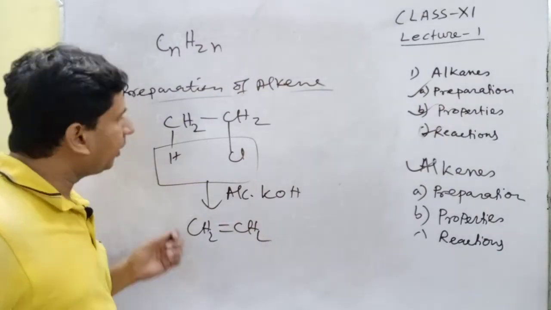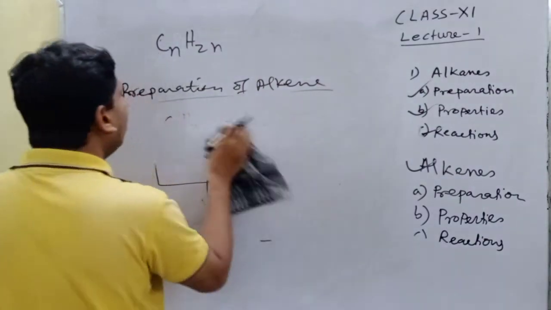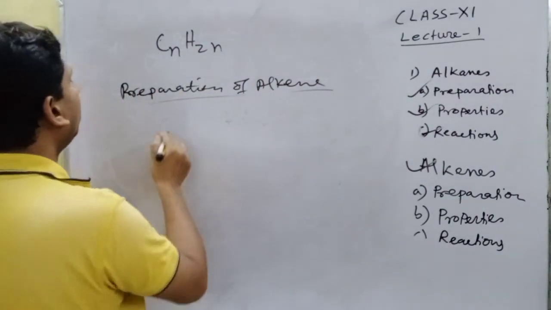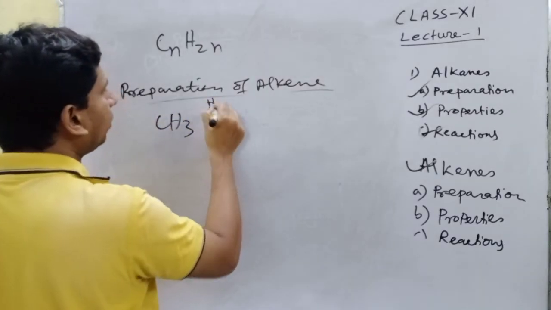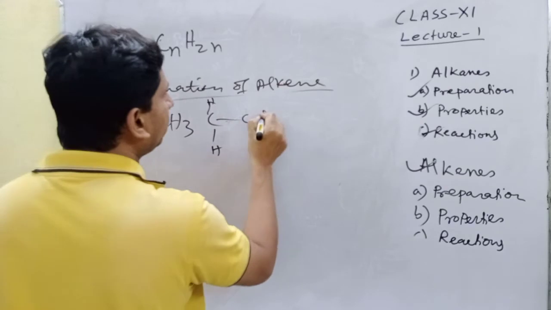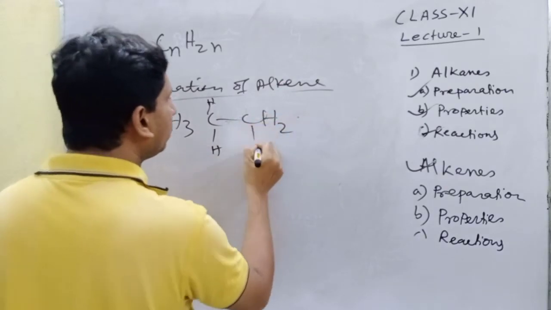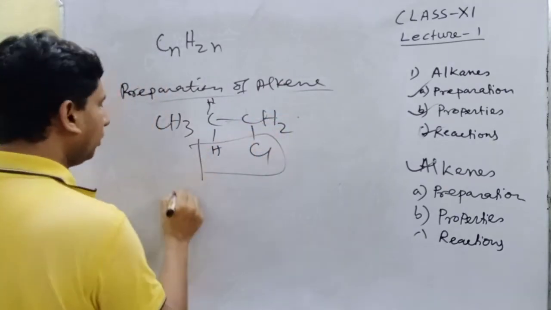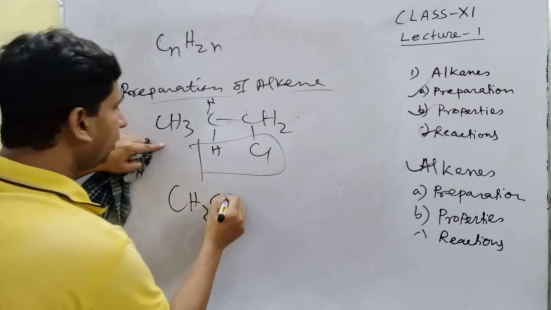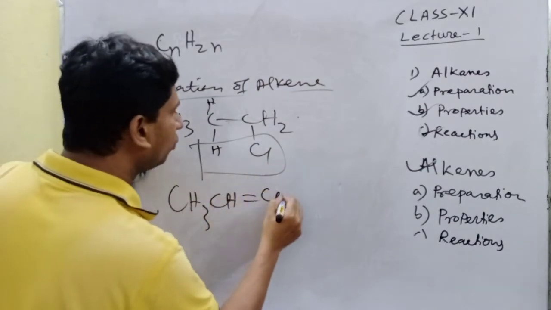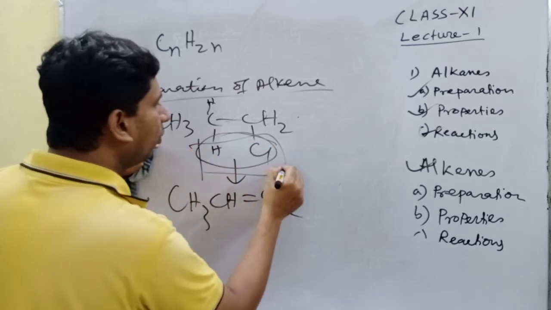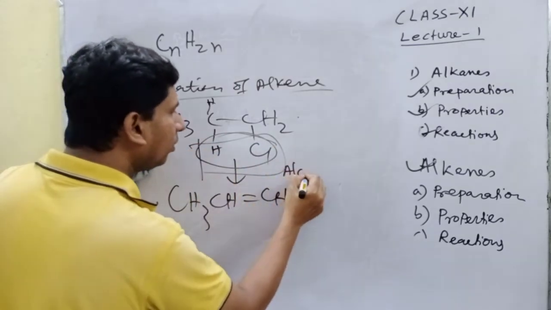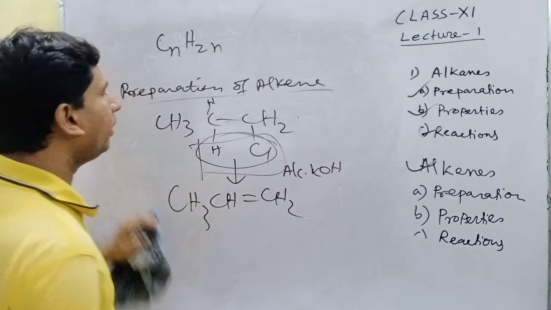In this way you can get a double bonded compound. Let us consider CH3 CH2 Cl. Then also we can get CH3 CH double bond CH2. This HCl can be removed by alcoholic KOH. Clear?